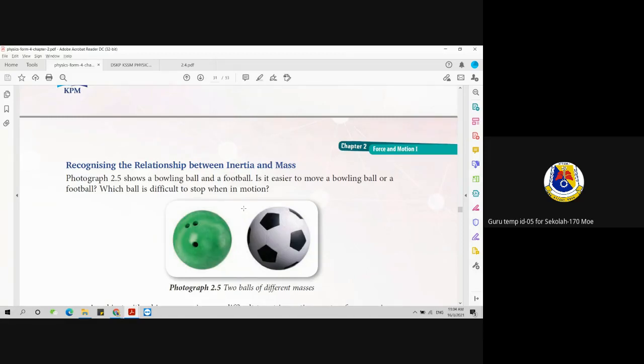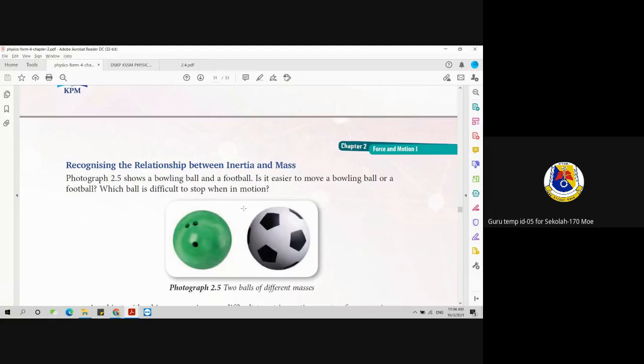The lower the mass, the lower the inertia. Football, lower mass. Okay, since most of you answered correctly that the football has lower mass, so it has lower inertia.